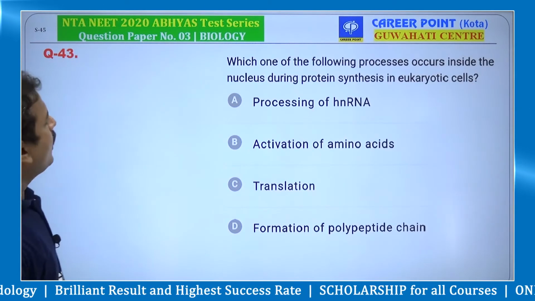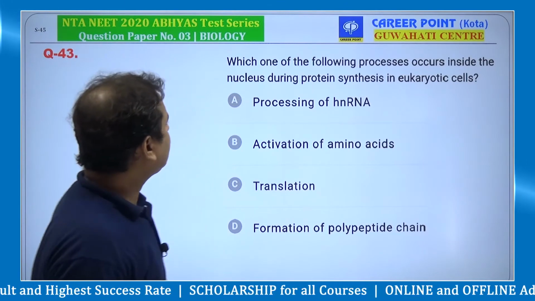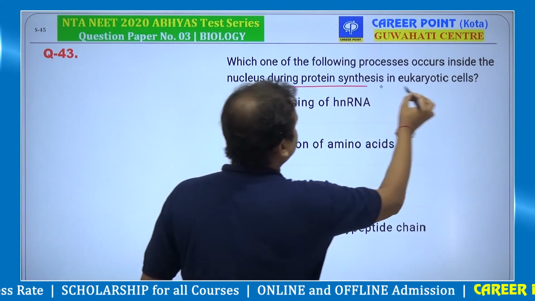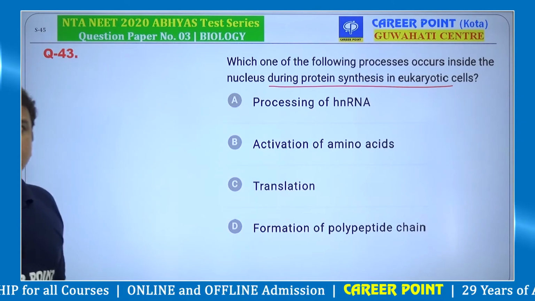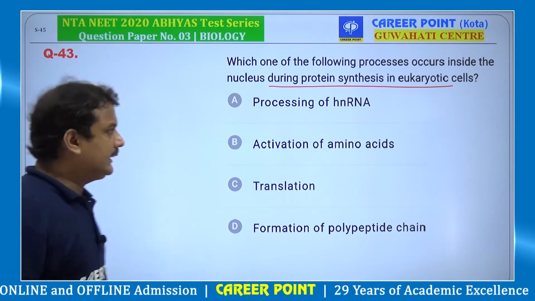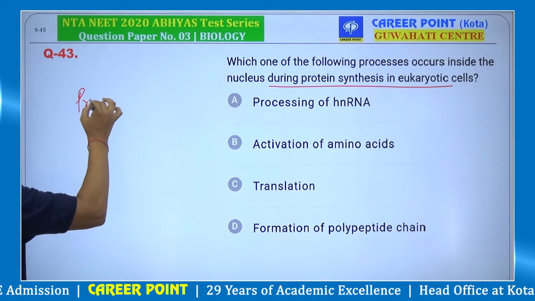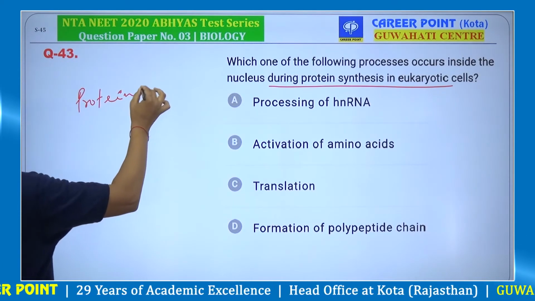Next, which one of the following processes occurs inside the nucleus during protein synthesis in eukaryotic cell? During the time of protein synthesis, as you know, protein synthesis has two steps.